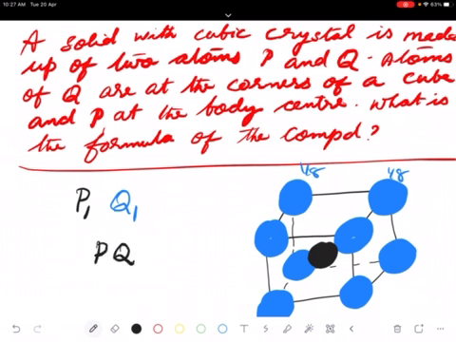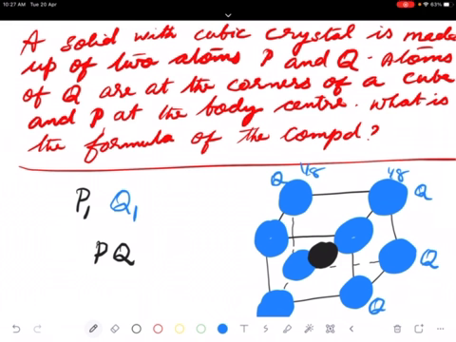So once again, a solid with cubic crystal is made up of two atoms. So one cubic crystal, cubic form, I have made. Atoms of Q are at the corners of a cube. This is Q, blue ones are Q. 8 corners. So from 8 corners, total number of particles will be 1.